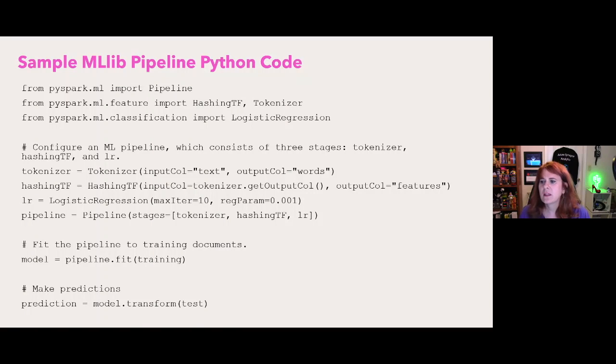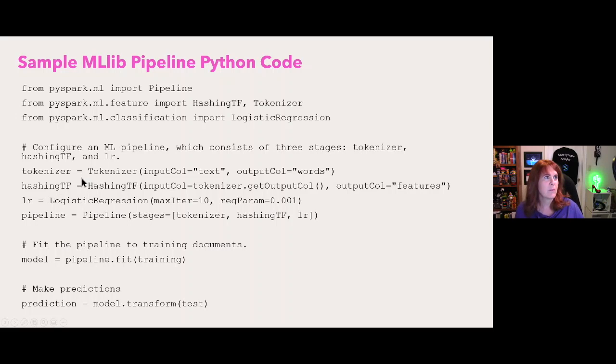So this sample code implements the building blocks that I was talking about on the previous slide. Here we're looking at creating a pipeline, with a tokenizer, hashing, and my logistic regression. This is how I would write the code to do this within Spark.